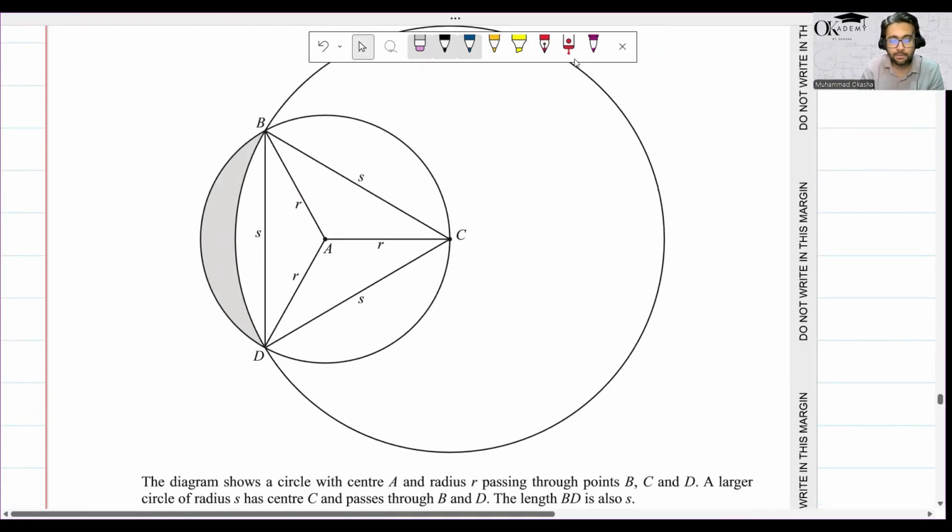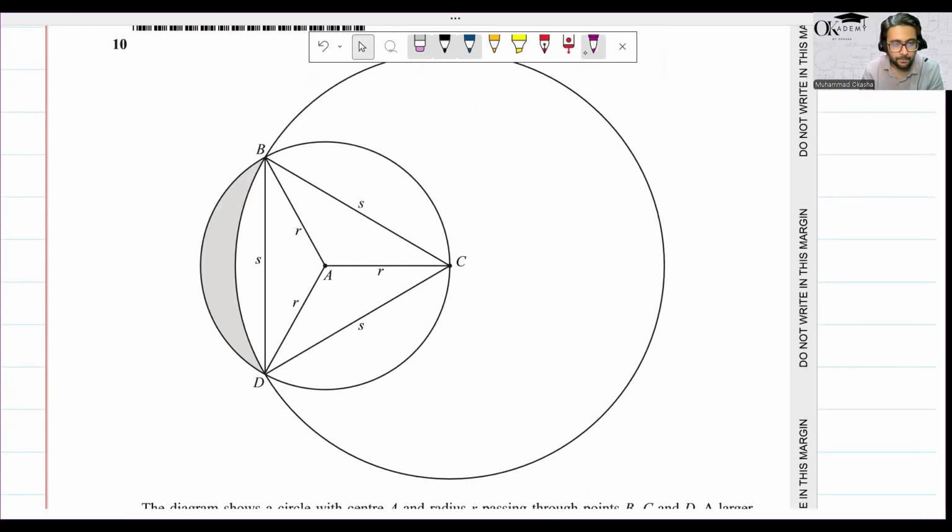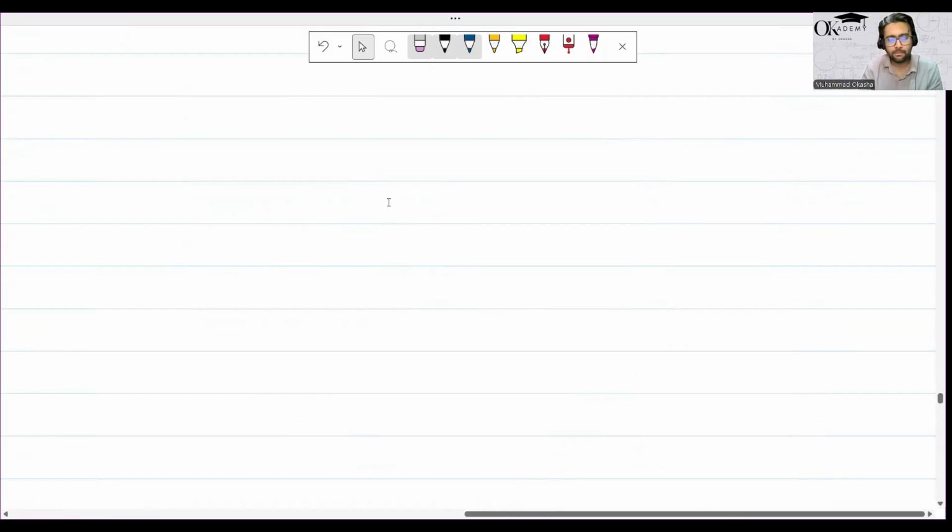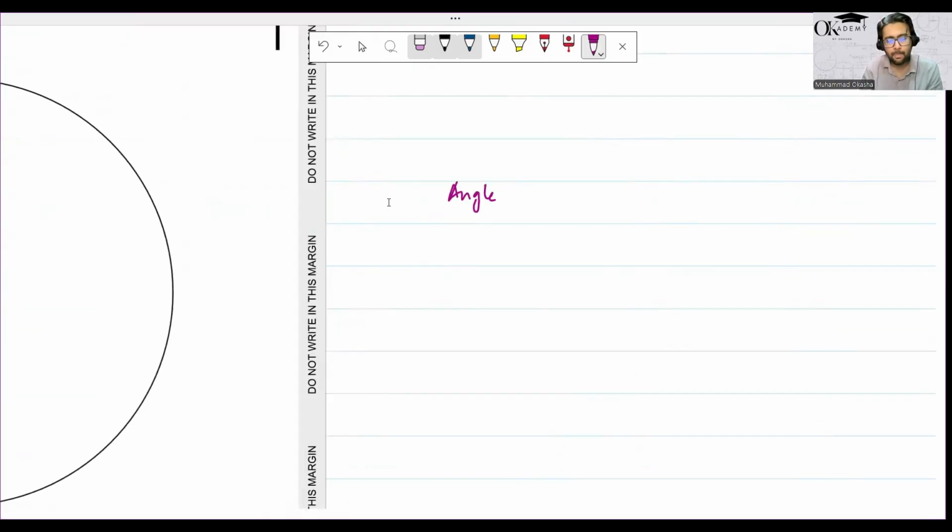First of all, let's talk about this point A. I'm sure you've done this in smaller grades, and that is angles about a point. If you're given a certain point, no matter how many angles are passing through that point, all of these angles add up to give 360 degrees.